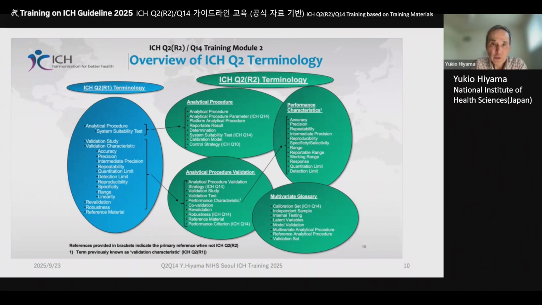The reason for this is we needed to explain the analytical procedure, the performance of the analytical procedure, and the control better by defining certain important terms. There are additional terms for multivariate, which were explained for the first time in Q14 and the Q2 guidelines.